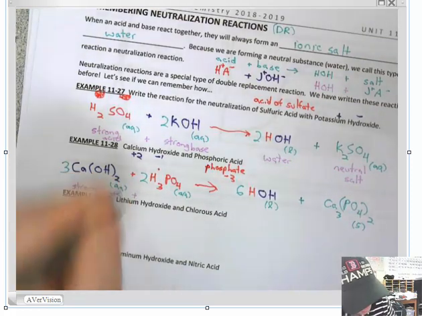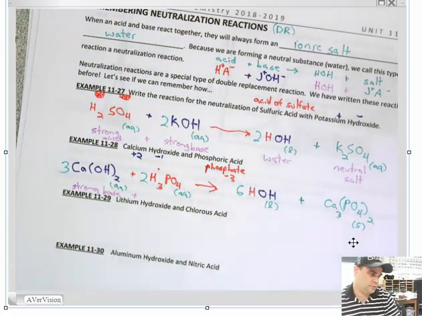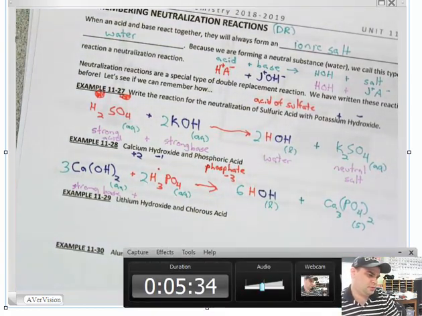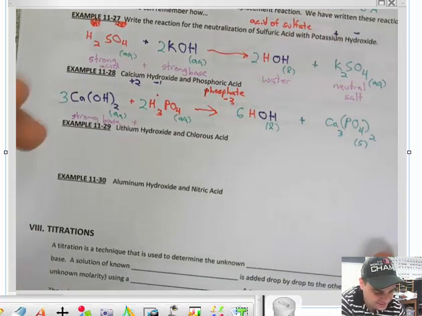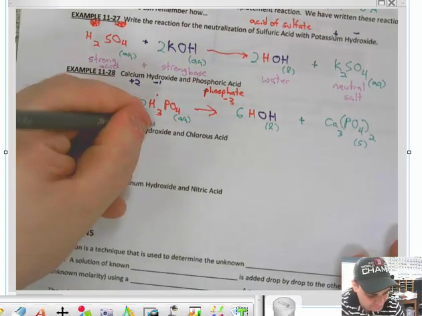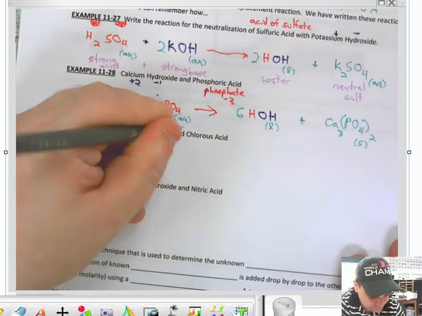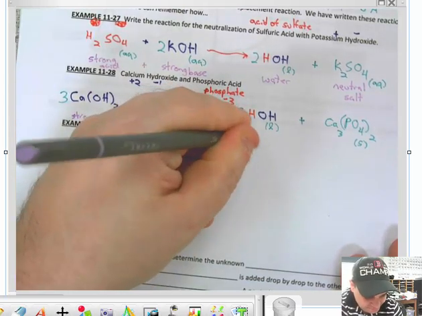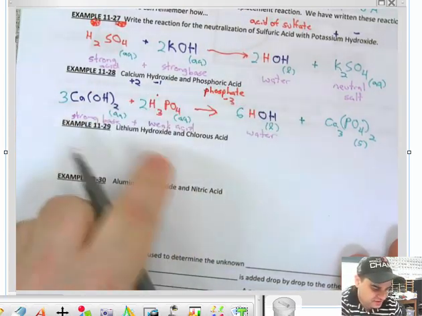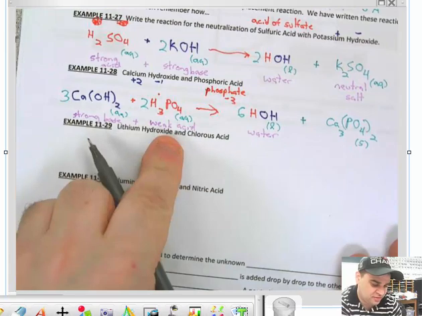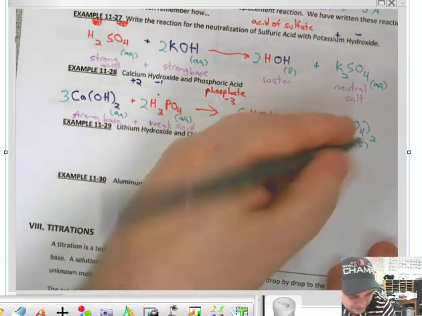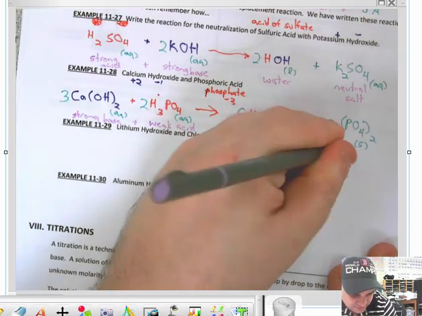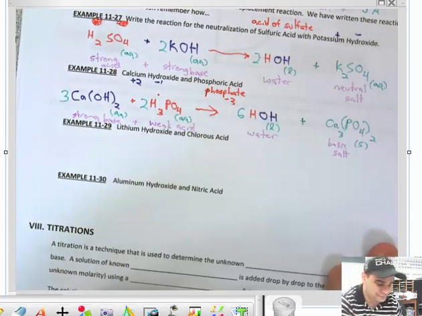We add our strong base to our phosphoric acid, which is a weak acid. We made our water here, and since the strong base is stronger than the acid here, we would actually have a basic salt over here. Okay?